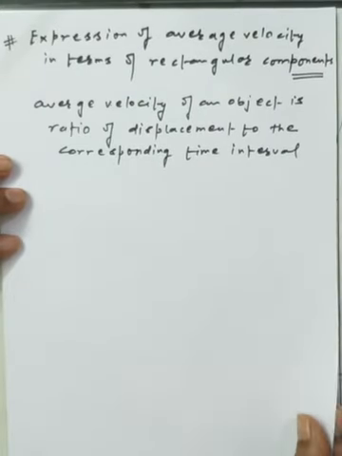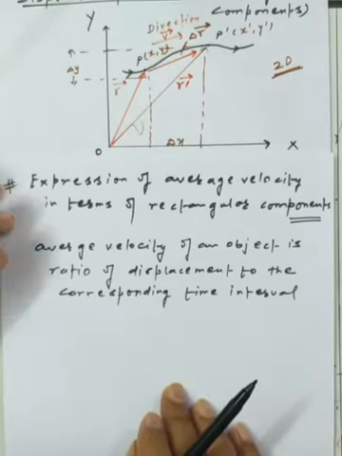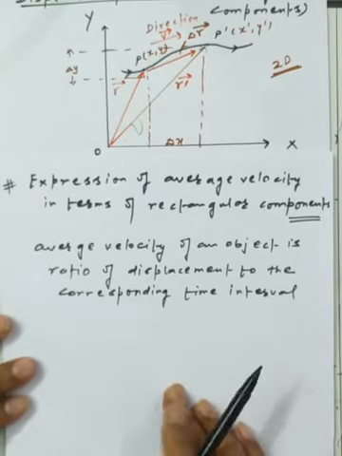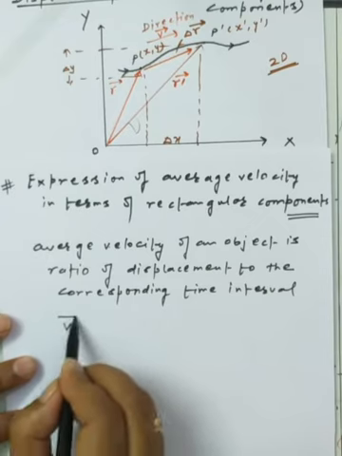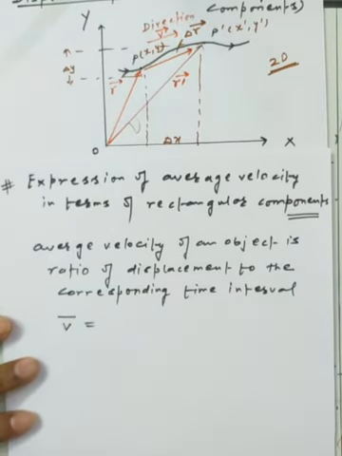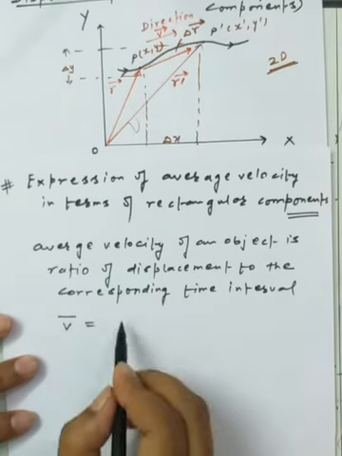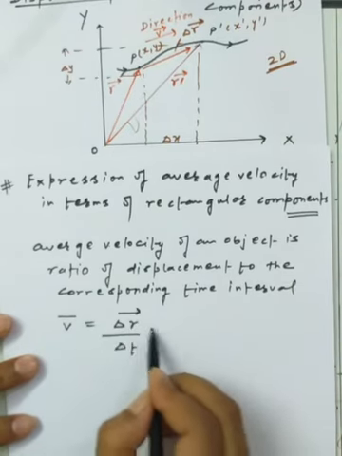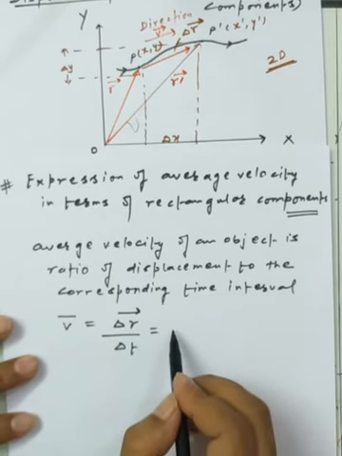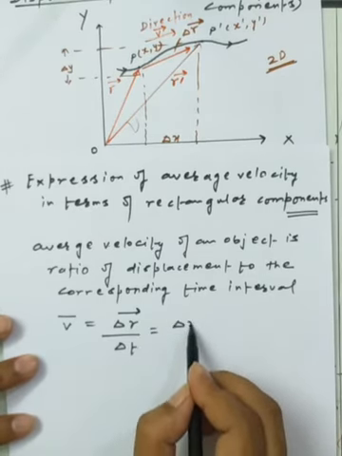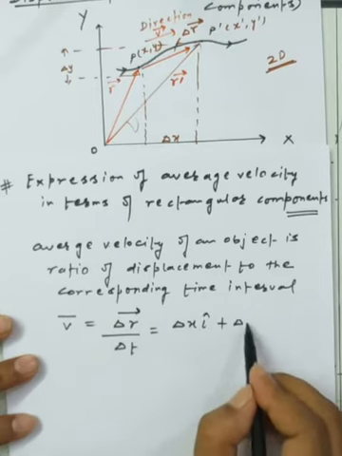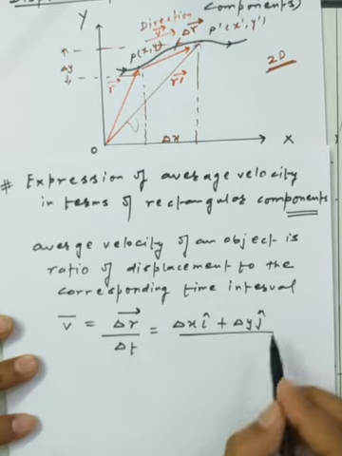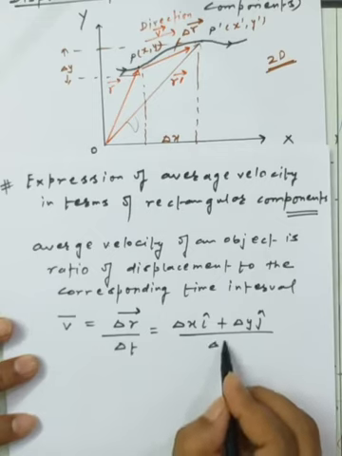So the average velocity v average is the displacement divided by delta t. Delta r can be stated as delta x i cap plus delta y j cap, over the corresponding time interval delta t.